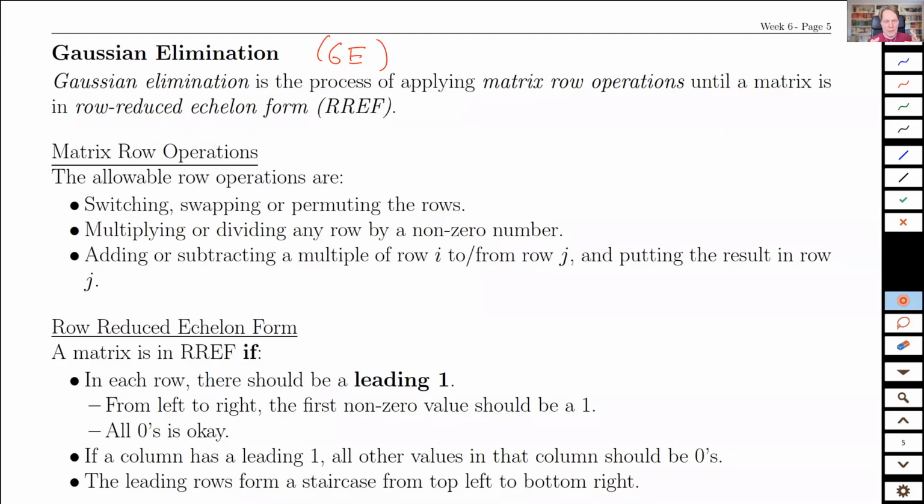There's only going to be one form available to you. How do you get it? Well, we talked about these row operations before, and the idea is these are all analogs to reordering, adding, multiplying traditional equations.